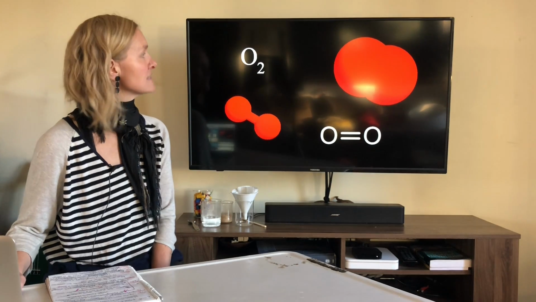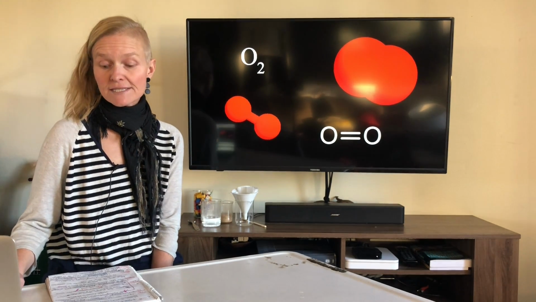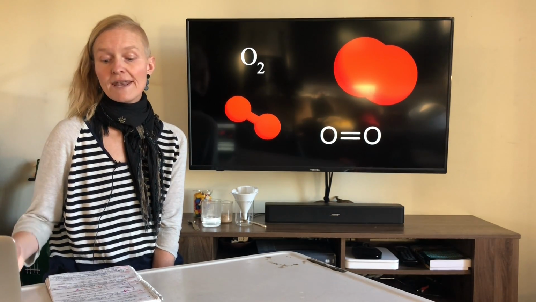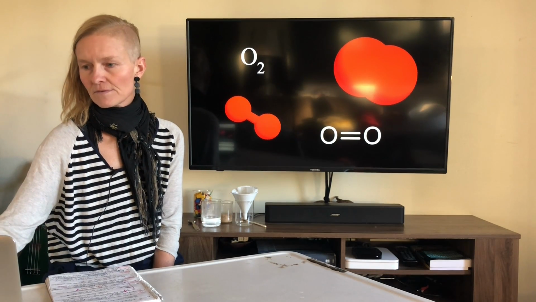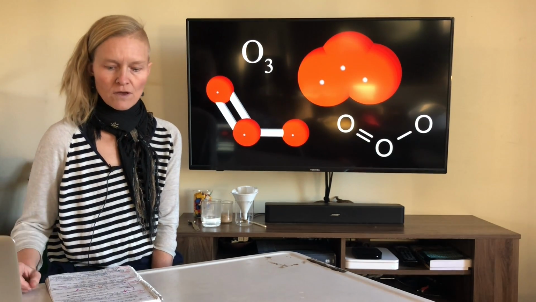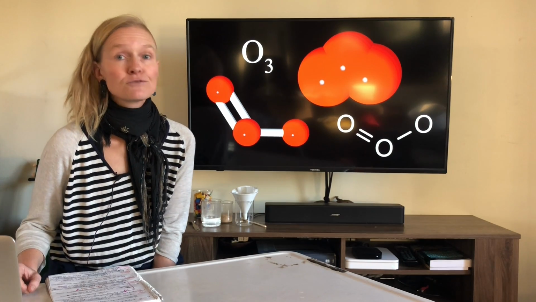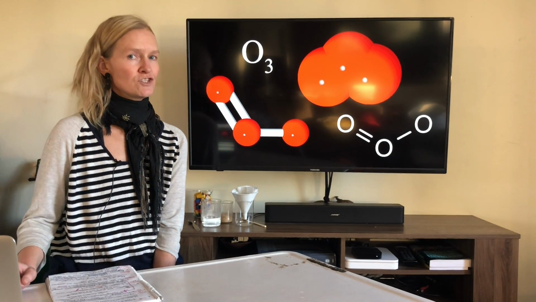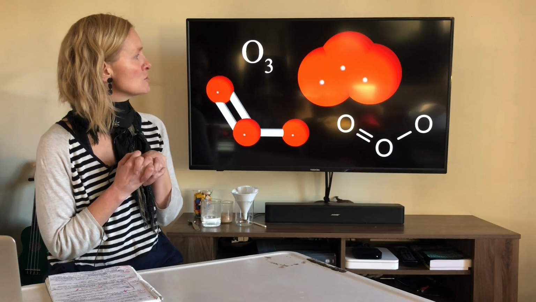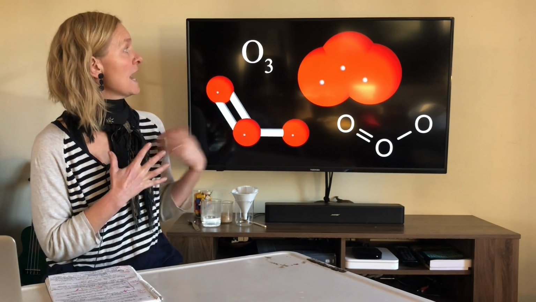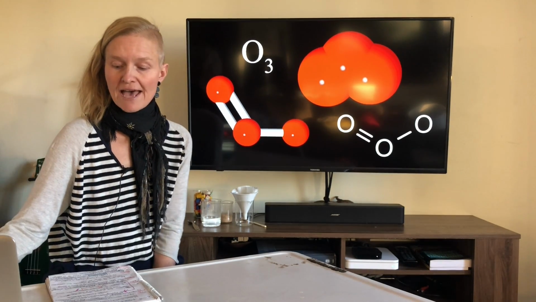And this is an example of a pure substance or an element. We can also have three atoms of oxygen that come together to form O3. And O3 is known as ozone.